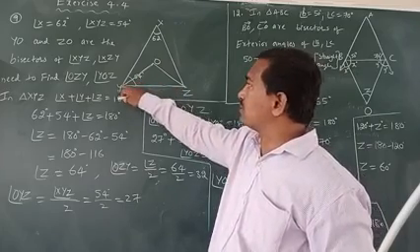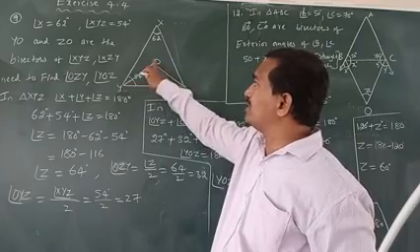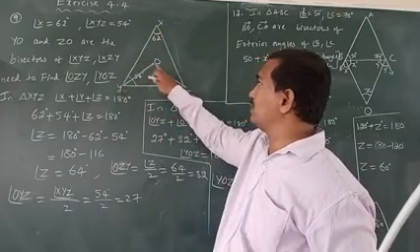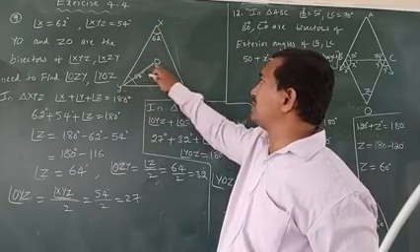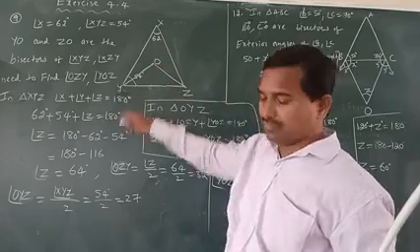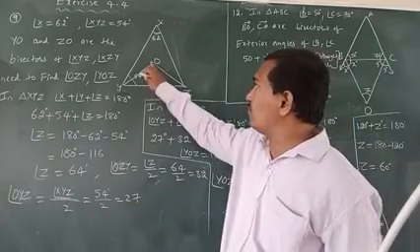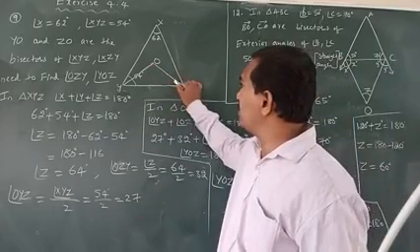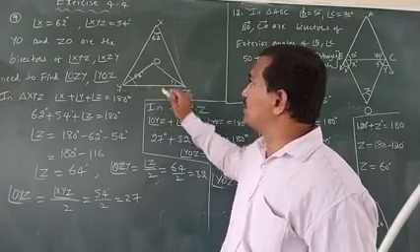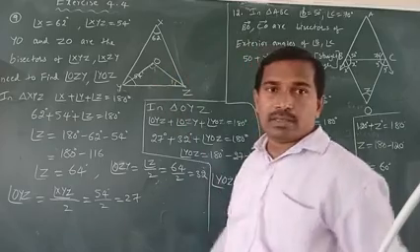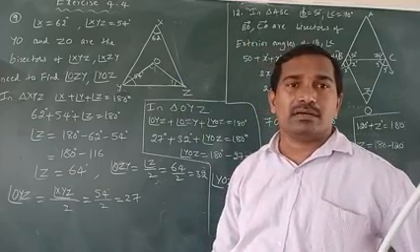YO is the bisector of angle XYZ, and ZO is the bisector of angle XZY. Then find angle OZY. So we need to find this angle YOZ. Okay. This is the given data.